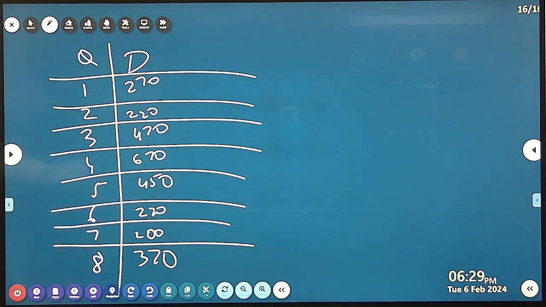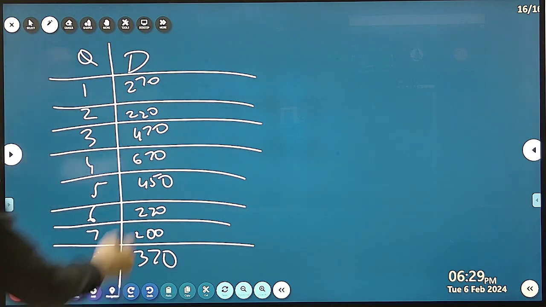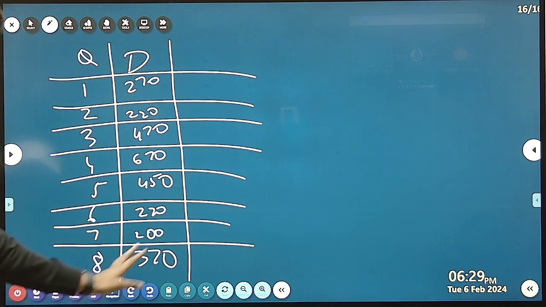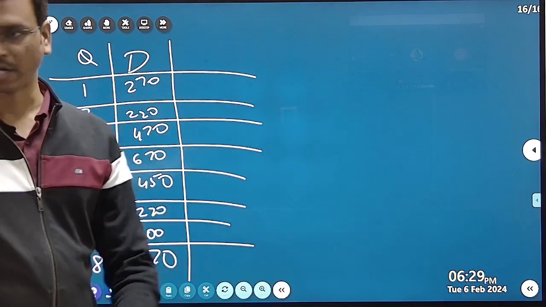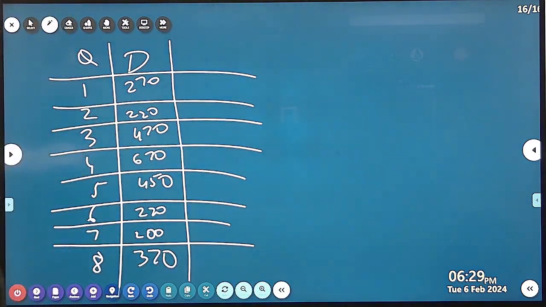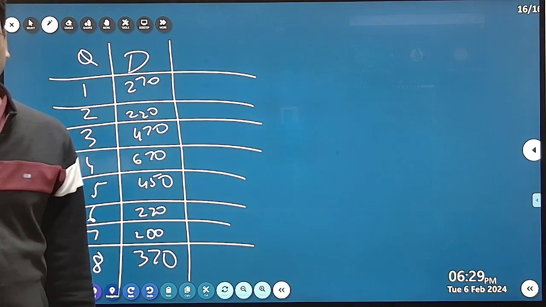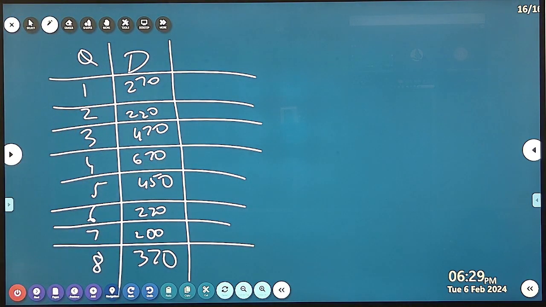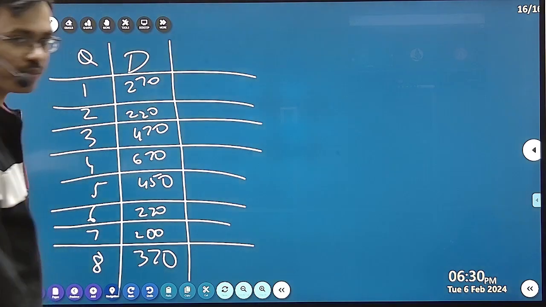In subcontracting, we will not carry over the inventory. So we will not carry the inventory to the next period, and whatever additional demand we have, we will subcontract it. So if I should not carry over the inventory, I have to decide how much I have to produce, right?